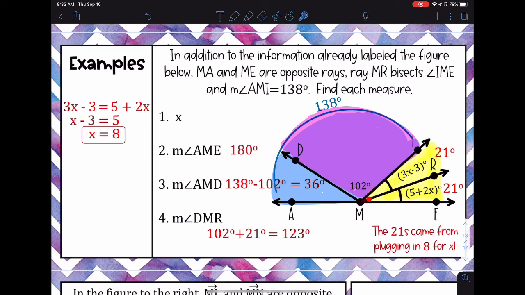But we need DMR, so we need to add this guy right here to 102. 102 plus 21 gives me 123. So this little slice of yellow plus this purple gives me 123.